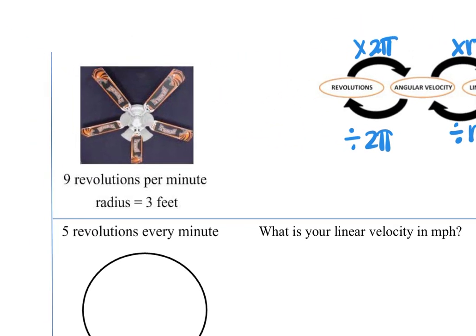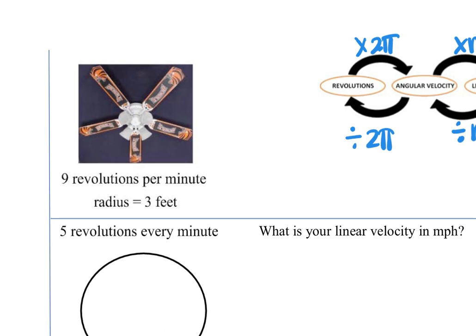So if we're looking at this ceiling fan, here we have the ceiling fan, 9 revolutions per minute, and a radius of 3 feet. If I wanted to find the angular speed, that would be 9 revolutions, so 9 times 2 pi, because we need it in radians, divided by 1 minute, so that is 18 pi radians per minute.